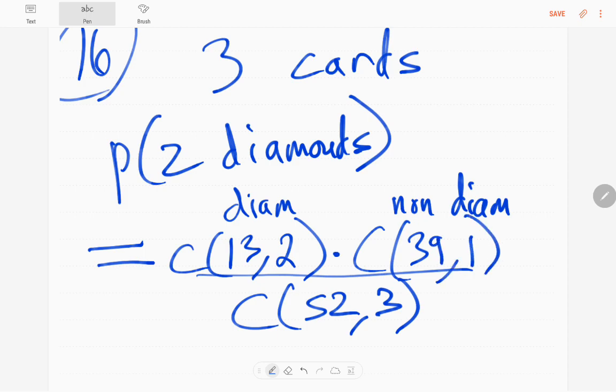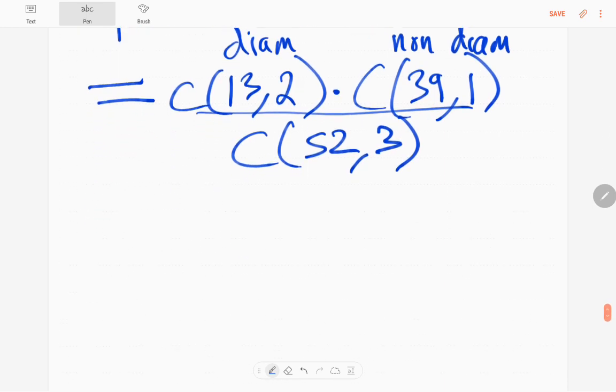And so if we multiply those 2 numbers together, that should be the total number of ways to get exactly 2 diamonds and 1 non-diamond. So that's going to be a little tricky plugging it into the calculator.